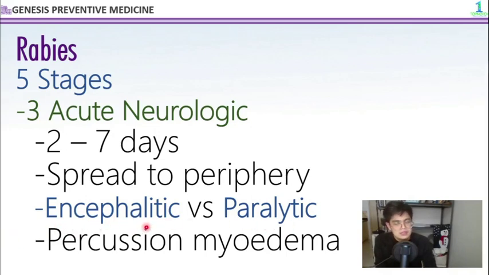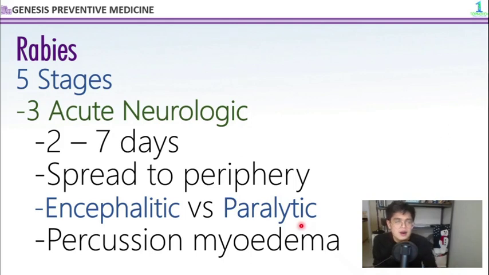The encephalitic type is what you typically observe from patients with hydrophobia, aerophobia. Basically, whatever you see from a rabid dog, you also see in a rabid human or a rabid patient. This is in contrast to the paralytic form, wherein the patients mainly have a course of decreased sensorium and coma eventually.